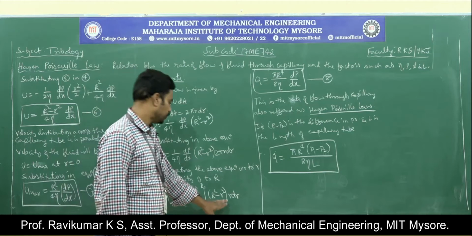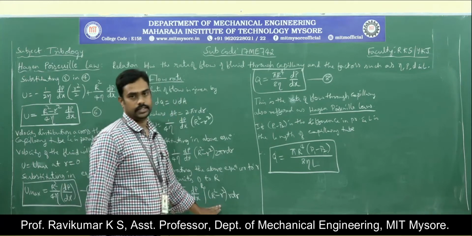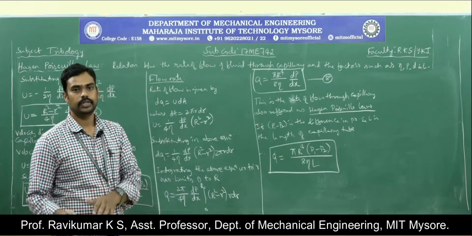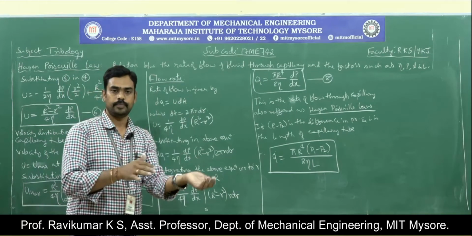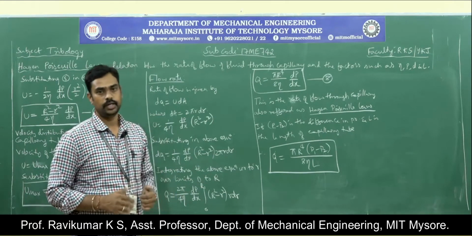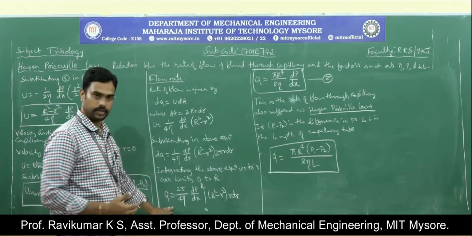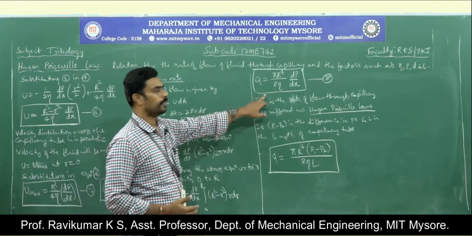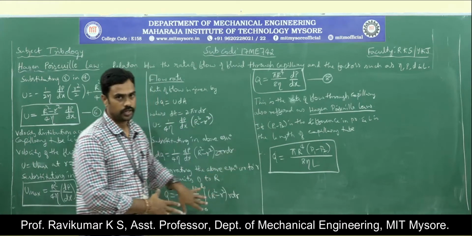If you integrate this between the limits 0 to R, substitute the upper limit minus the lower limit, and simplify, you will end up with this equation. That simplification is not shown here.